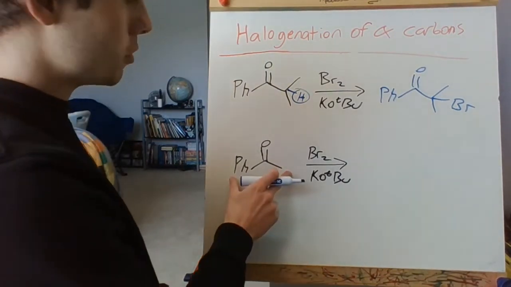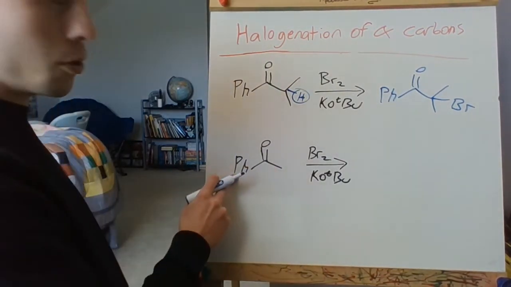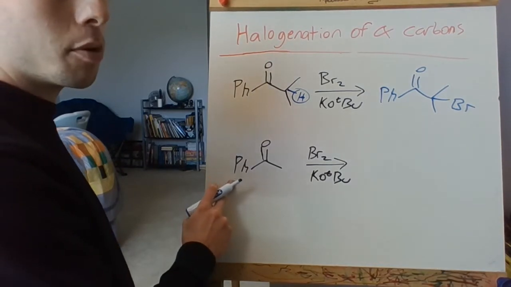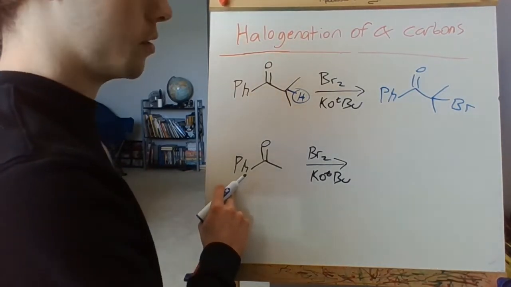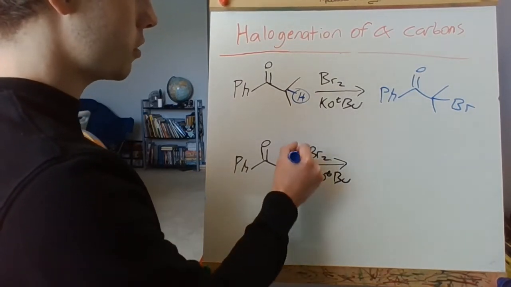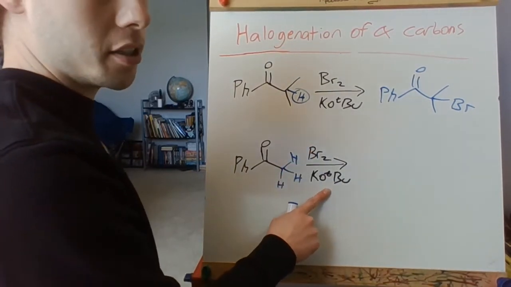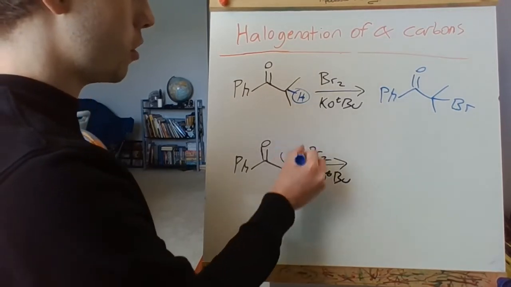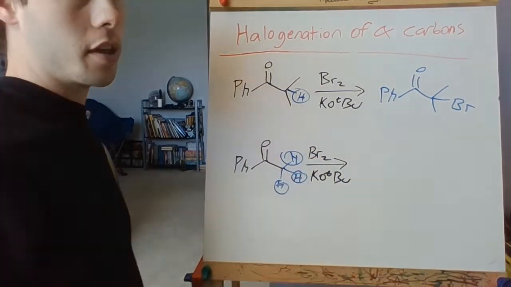But if I draw this molecule shown down here, there's no hydrogens on this alpha carbon, but if there were, they would be replaced as well. And then on this alpha carbon, we have 3 hydrogens. We're under basic conditions, and so we're going to replace all 3 of these with a bromine.